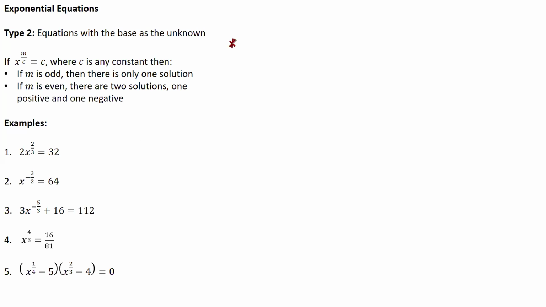If m is odd, then there's only one solution. But if m is even, there are two solutions, one positive and one negative. Let's try this piece of information. Let's do example number one: 2 times x to the power 2 over 3 is equal to 32.